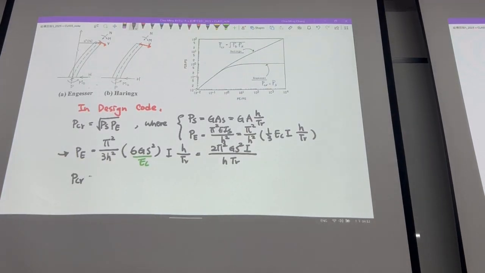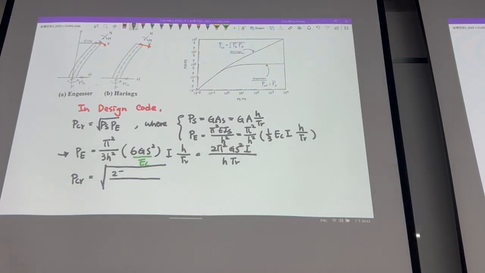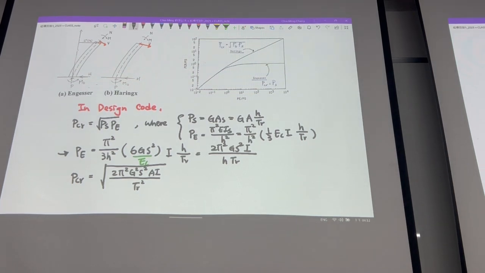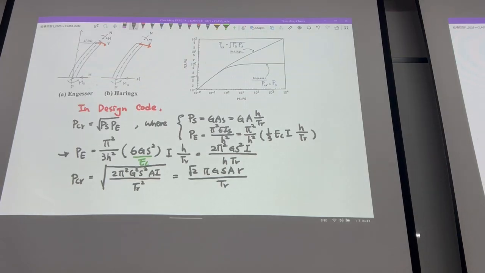So now you can combine two of them together, giving the square root of 2 pi G S A times R. I will define R later. R is the square root of I divided by A.